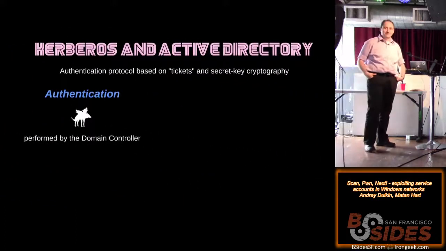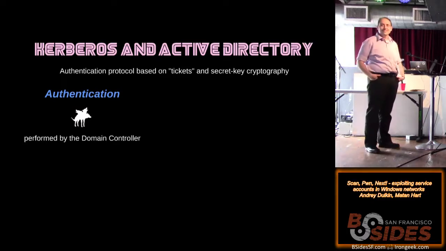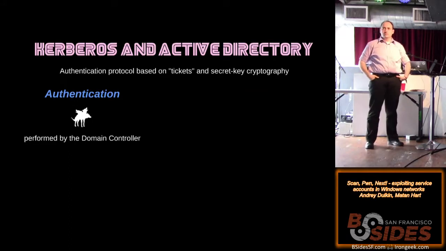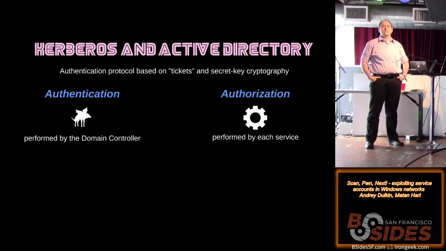So, Kerberos is a network authentication protocol which is based on tickets and secret key cryptography. In Windows networks, the domain controller is responsible for authentication, and it uses Kerberos as the default authentication protocol. However, the authorization is performed by each service. So how does the service know who to authorize?